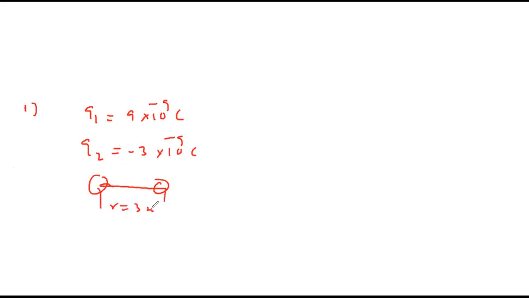Two identical metal spheres are carrying charge of 9 into 10 raised to minus 9 coulomb and minus 3 into 10 raised to minus 9 coulomb and are brought in contact. Then they are separated by distance of 3 meter and kept in the medium of dielectric constant 5. What is electrostatic force between them?